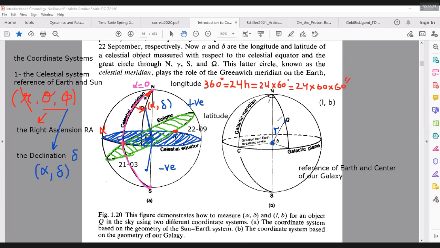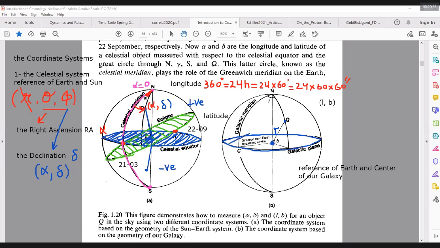In the very start of this chapter, if you remember, we have talked about the galactic plane already, where most of the stars of our galaxy are orbiting the center. So you can see like this, they are orbiting the center.